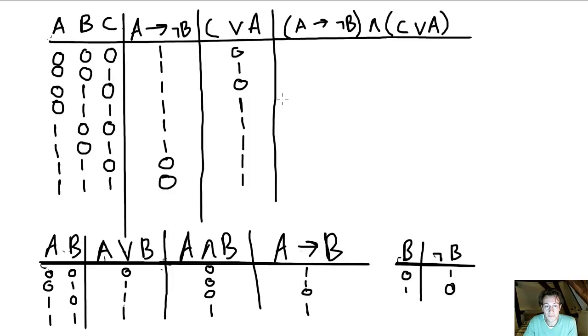Well, now we're going to evaluate this part. Do you still remember the AND rule? That was only true when in both cases A and B were true. So that means this one is false, this one is true, this one is false, this one is true, this one is true, this one is true, this one is false, and this one is false.